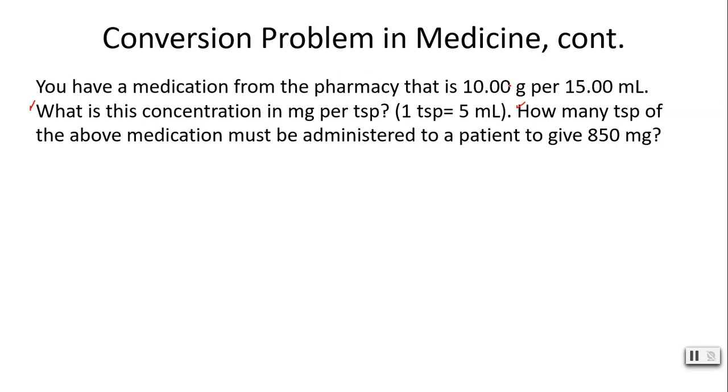First thing to realize in this problem is that what you're given, which is 10 grams per 15 mils, is actually a number that can be thought of as a conversion factor, or I can write that 10 grams per 15 mils in the form of a fraction. So that per in the statement is actually like a division sign.